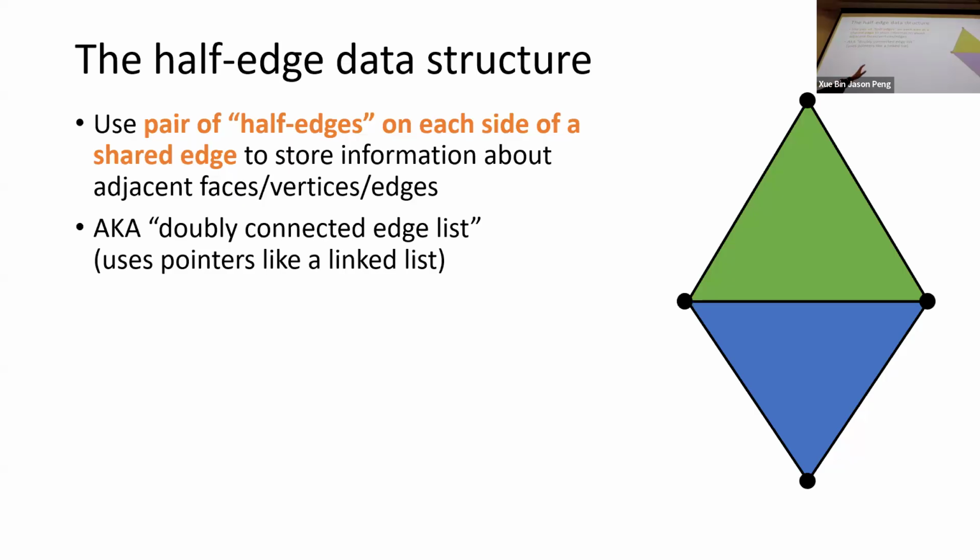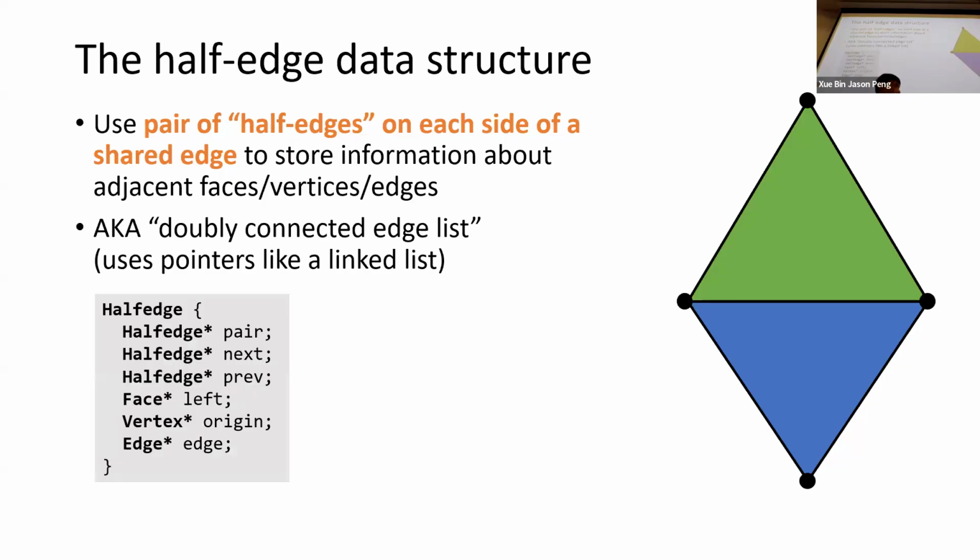For example, let's take a look at the horizontal edge that's shared by both the green triangle and the blue triangle. We can split this edge into two half-edges, where you have a top half-edge that belongs to the green triangle, and then a bottom half-edge that belongs to the blue triangle. So for any edge in our mesh, we can construct two half-edges by splitting that edge in two.